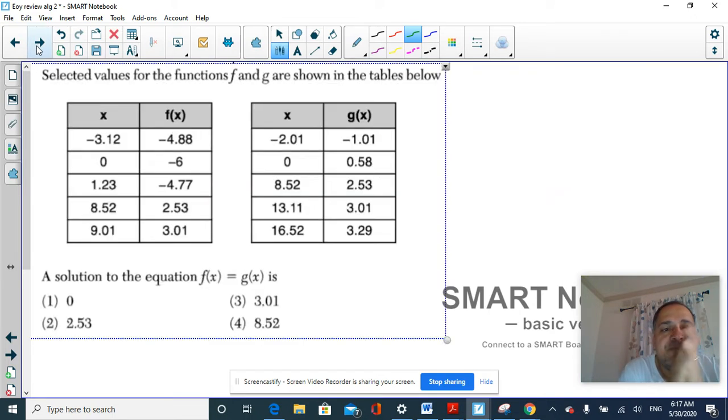The second question we have: select the value for which the functions f and g are equal, as shown in the table below. Okay. If both are equal, what's the meaning of f of x and g of x being equal?